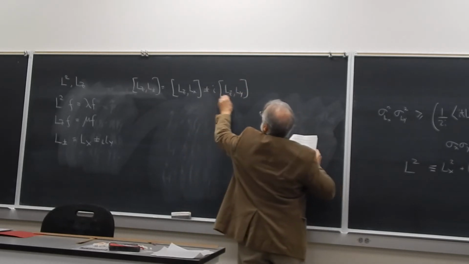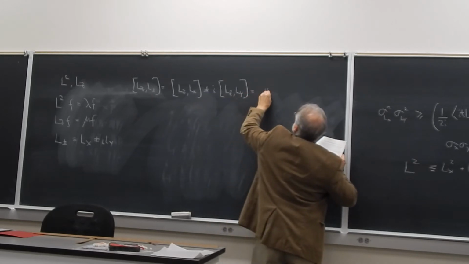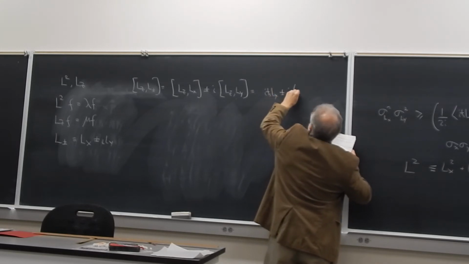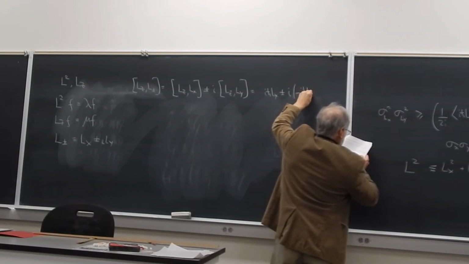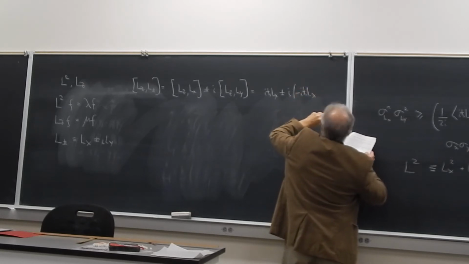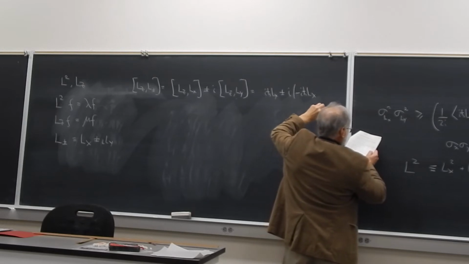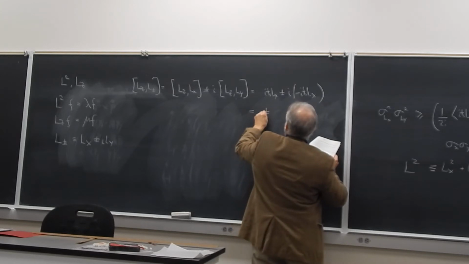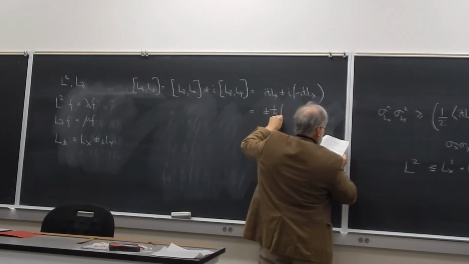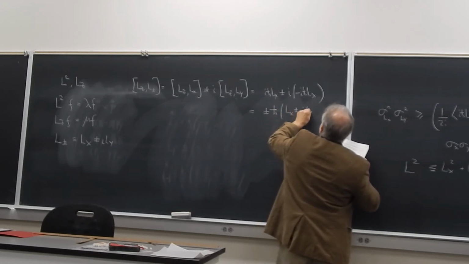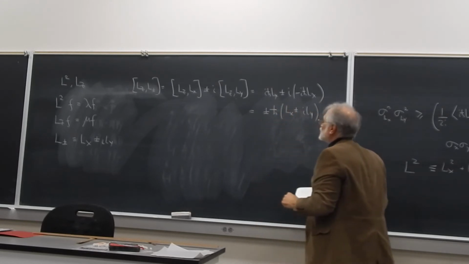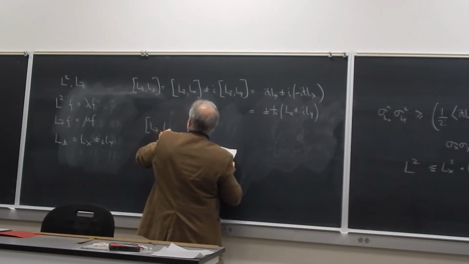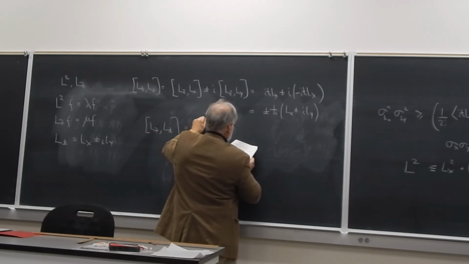And of course, we know that these two don't commute, and so it's going to be iħ Ly plus or minus i times minus iħ Lx, which of course is going to be equal to plus or minus ħ times Lx plus or minus i Ly.